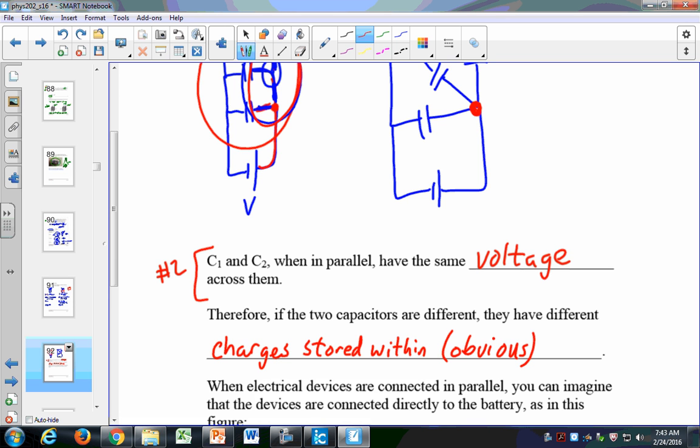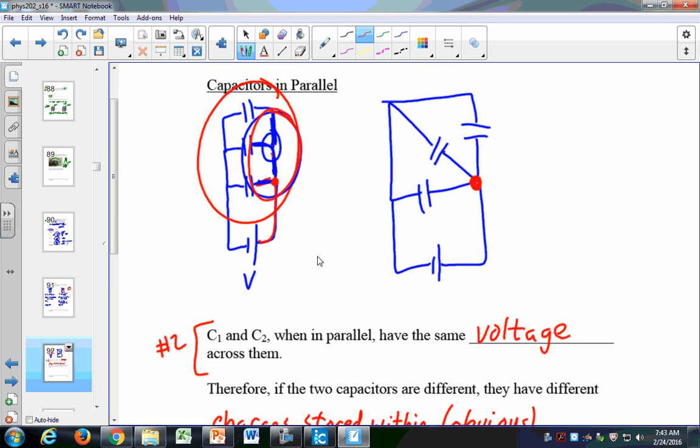It's meant to be an obvious statement that if they have the same voltage, say for example, I have a circuit that looks like this. I have 12 volts here. That means I also have 12 volts here and 12 volts here. So if I have different capacitors, say 1 microfarad, 2 microfarads, those are going to have different charges.